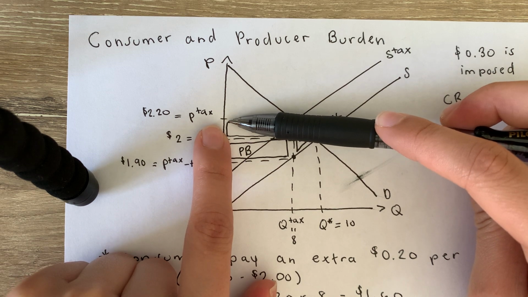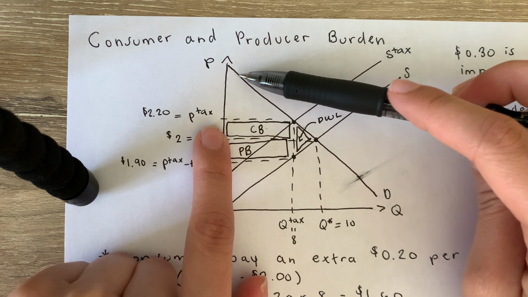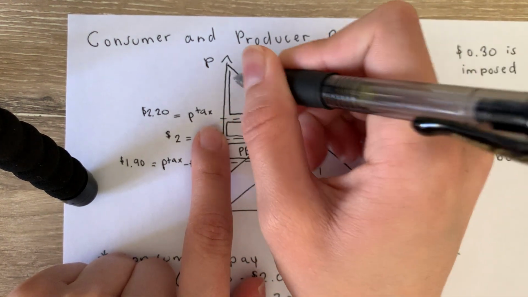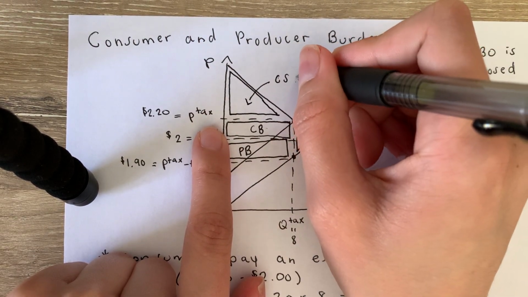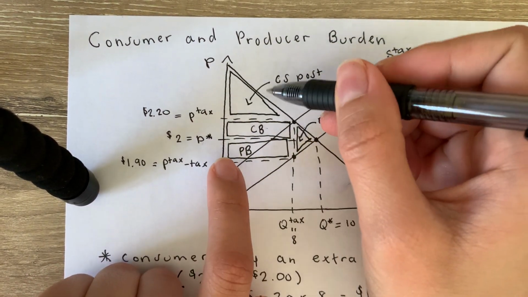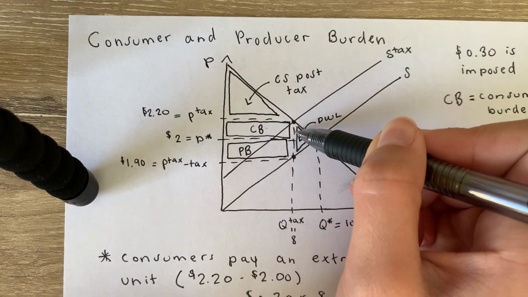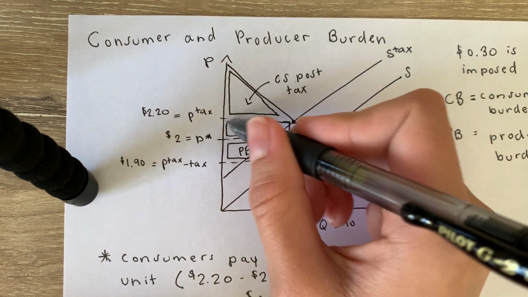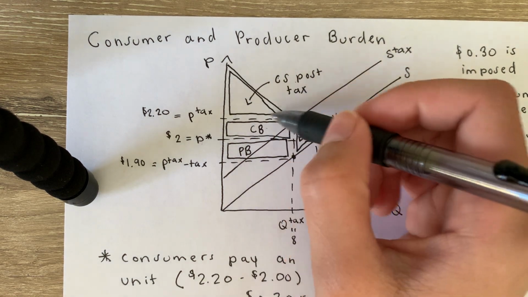So now our consumer surplus is everything above this line right here and below the demand curve. It's just shifted to being this right here, the consumer surplus post-tax. It used to include all of this stuff down here, but we lost this area to the consumer burden and this to the deadweight loss, so we're only left with this little area.